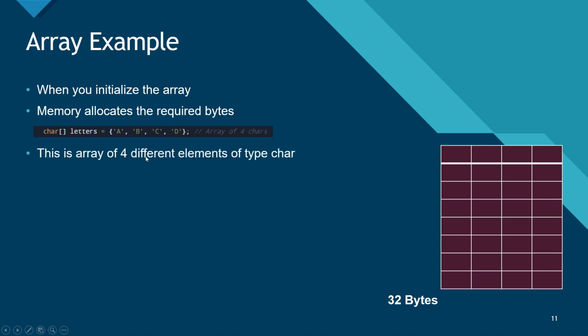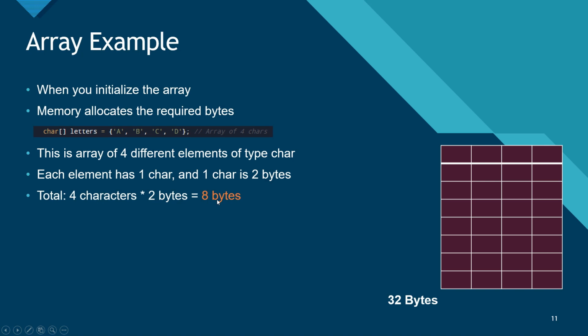So this array is 4 different elements of type character, and each element has one character, and that character in Java is 2 bytes.